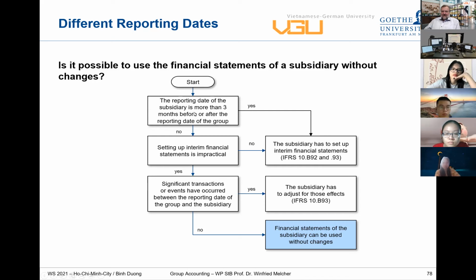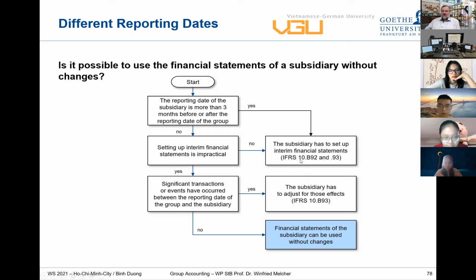If it is in that reporting window of 6 months, so 3 months before or after, so within that 6 month period, then if setting up the interim financial statements is not possible, then you would have to eliminate significant transactions, so the subsidiary has to adjust for those effects.